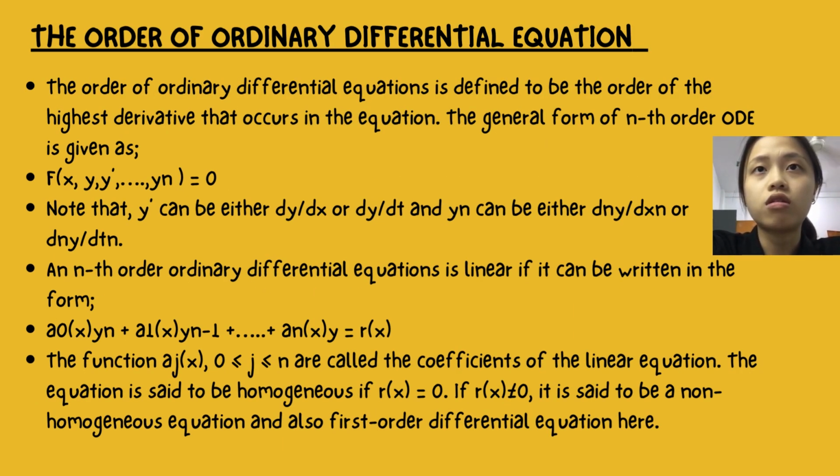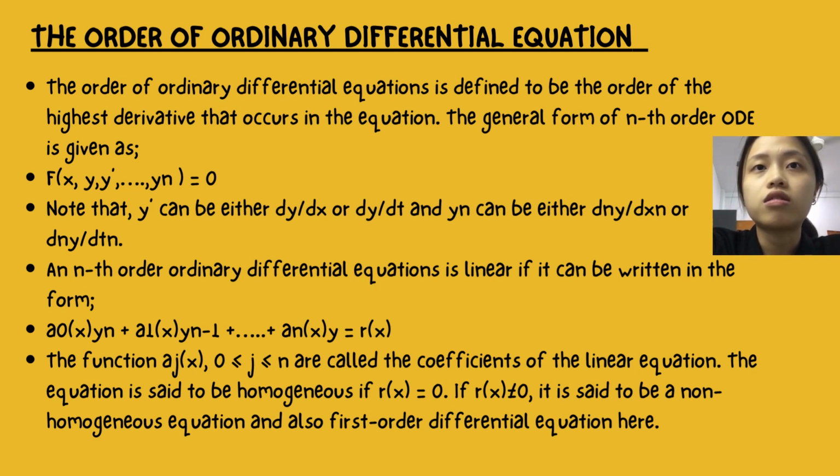Secondly, the order of ordinary differential equation. The order of an ordinary differential equation is defined to be the order of the highest derivative that occurs in the equation. The general form of an n-order ODE is given as f(x, y, y prime, ..., y to the power of n) equals 0.